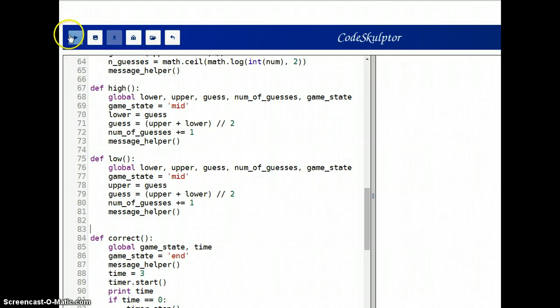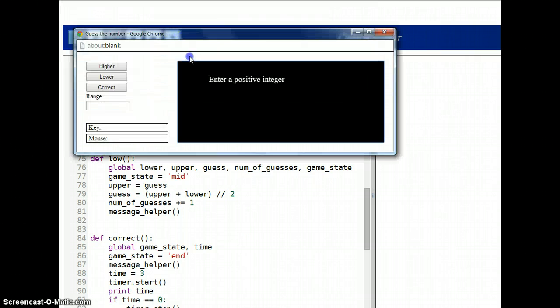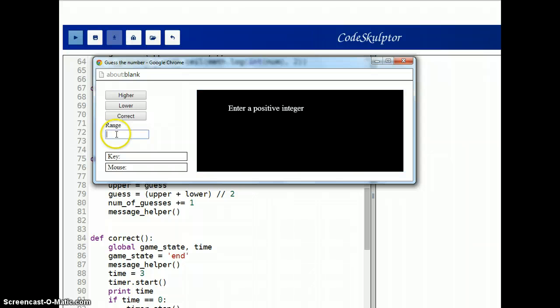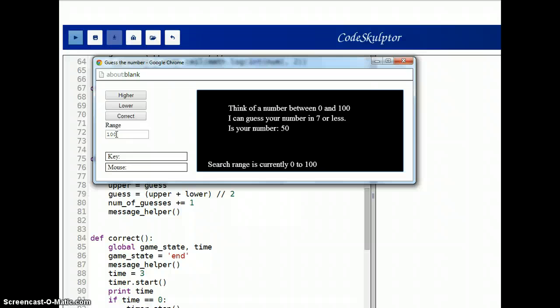Alright, so let's play this game and see how it works. Let's enter a positive integer. Let's start with 100. It says think of a number between 0 and 100, and the computer can guess your number in 7 or less. So let's say our number is 73. Is your number 50? No, it's higher. Is your number 75?